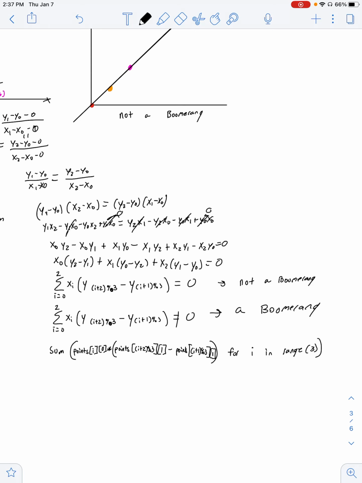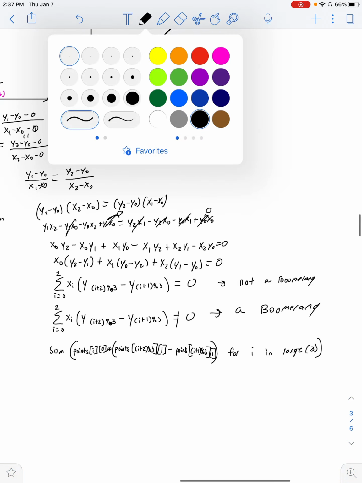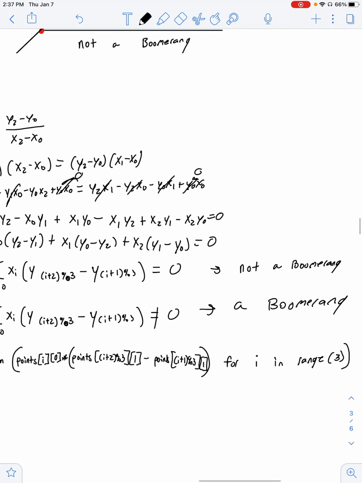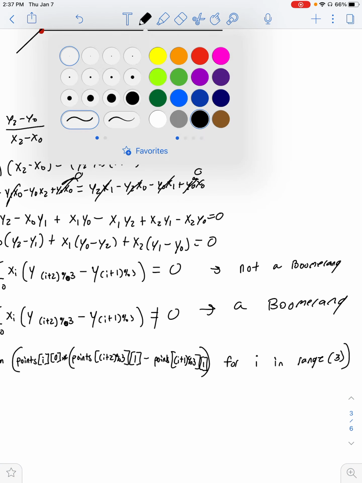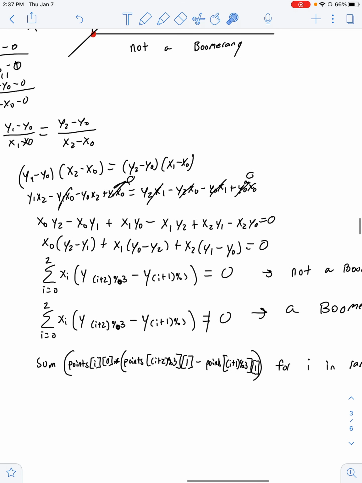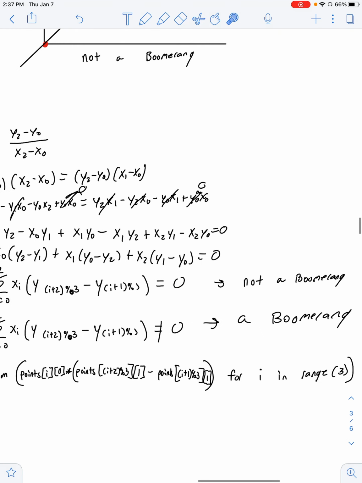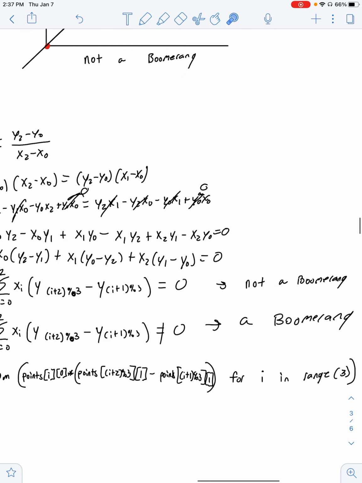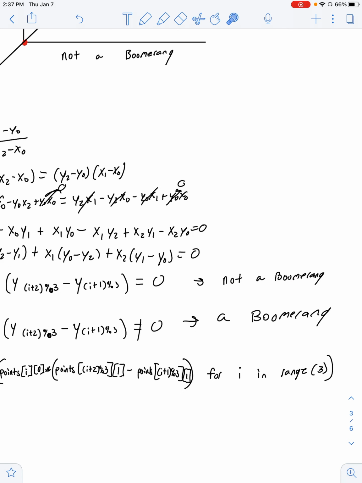Now the cool thing about this is that we don't actually have to compare it to anything, because of the nature of Python truth and false values. If this term equals 0, then it's not a boomerang. But in Python, 0 evaluates to false. So when this thing gets evaluated to 0, it'll return false, which is right because it isn't a boomerang.